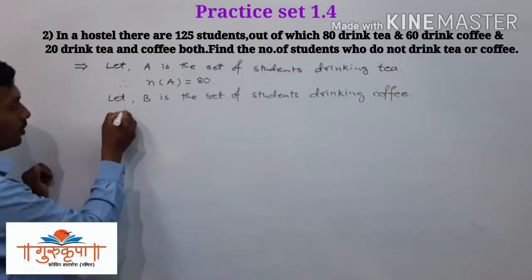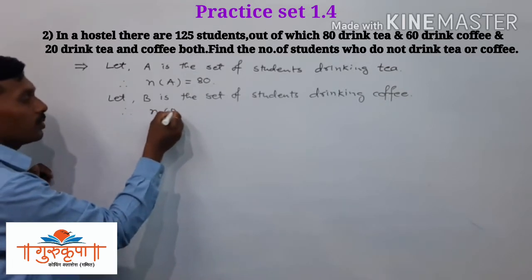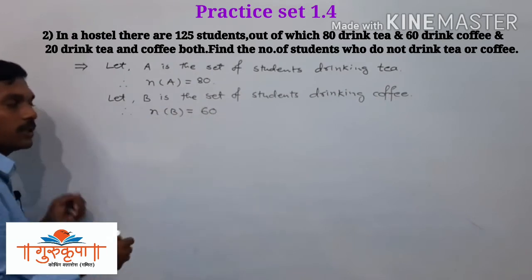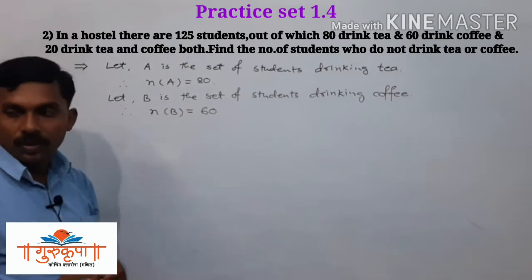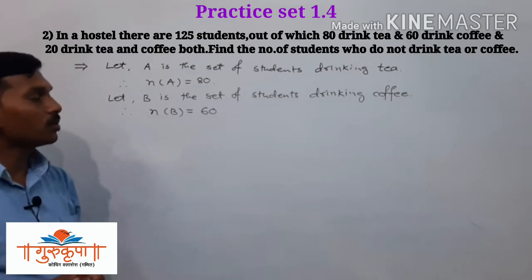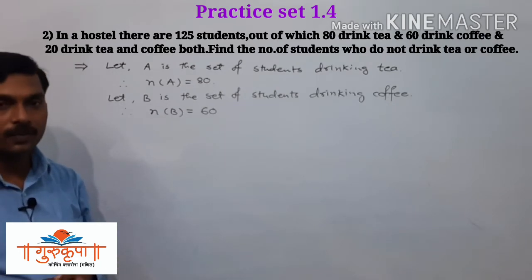Therefore, number of B is equal to 60. 60 students drink coffee out of 125.